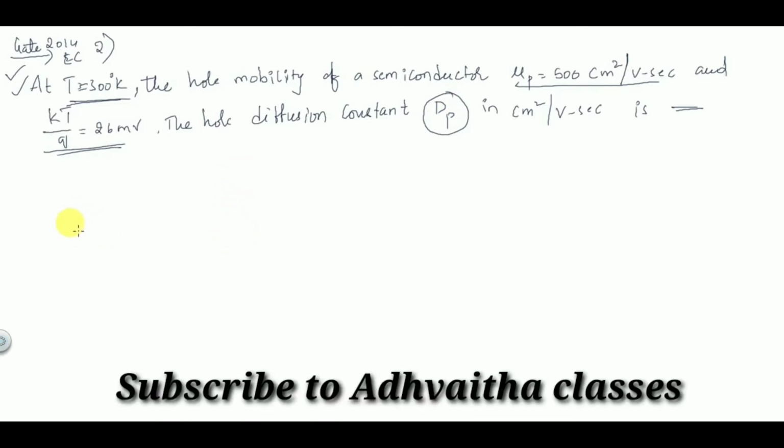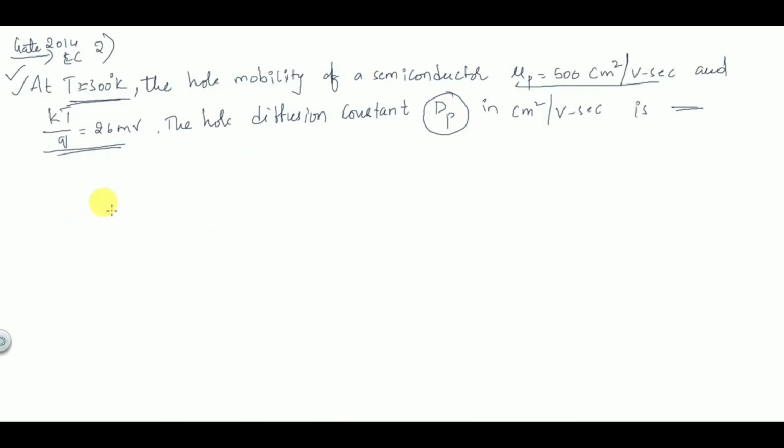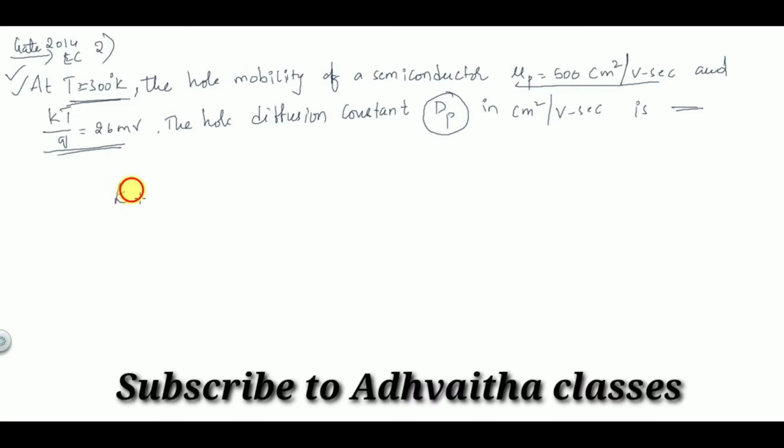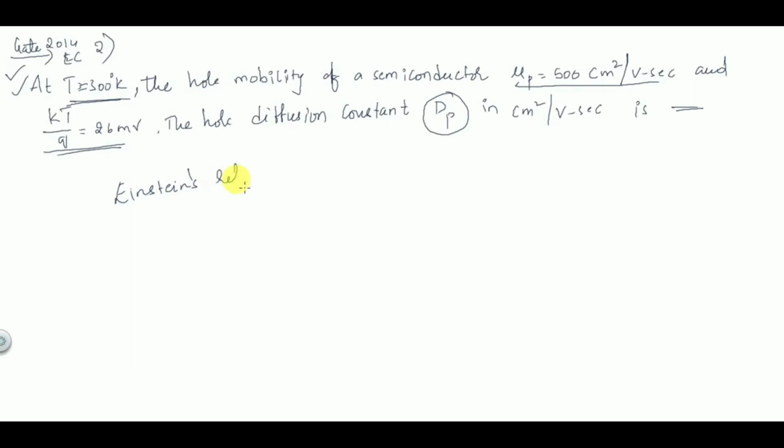How to solve this? In order to solve this, we are going to use the Einstein's relationship concept, which is given by Dn by mu n is equal to Dp by mu p is equal to kT by Q, which is equal to Vt, the volt equivalent of temperature.